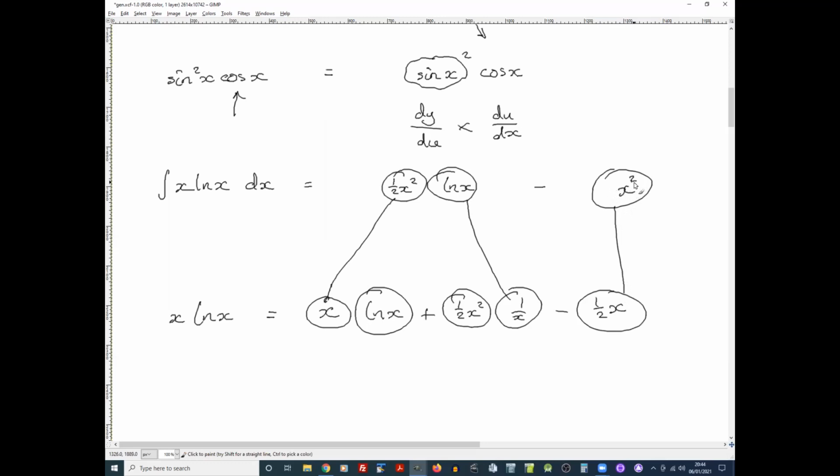Okay, let's check that. The derivative of x squared is half x? No, I don't think so. It's 2x. It's the same thing as earlier, where you need to divide by 2 or times by a half.